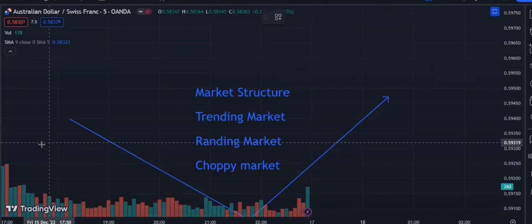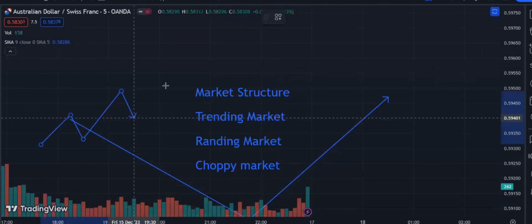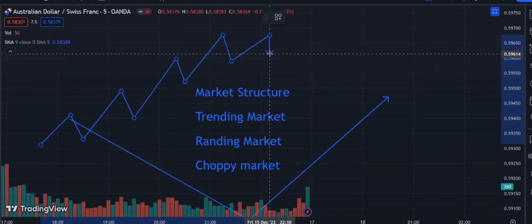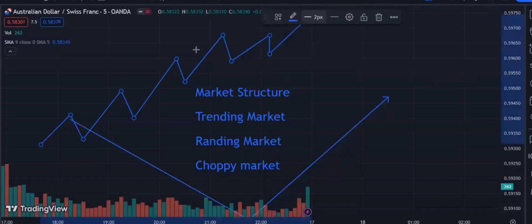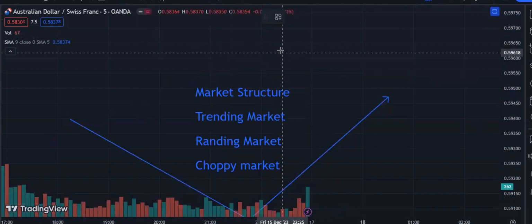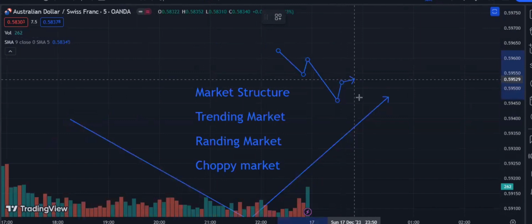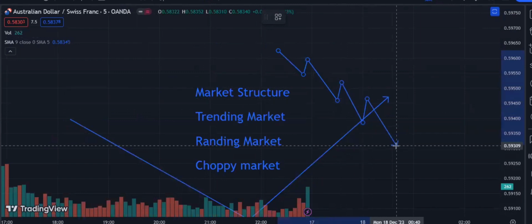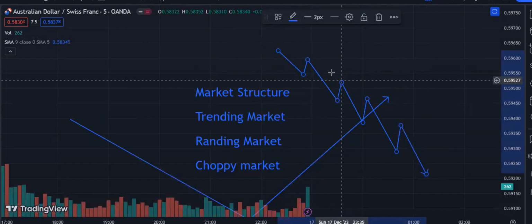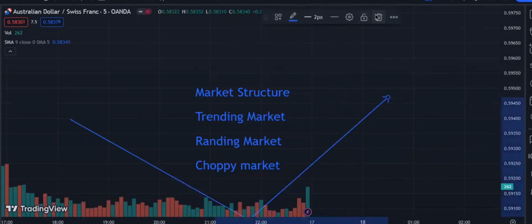So in a situation where we have market patterns in this form, we know that this market is going up and is making higher highs, higher lows, higher highs, higher lows. So we know that it is an uptrend. Very easy to identify. In another market condition, we have a situation like this, making a lower low, lower high, lower low, lower high, lower low, lower high. We know that this is a downtrend market. So basic and so straightforward.